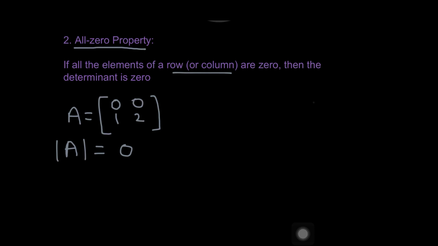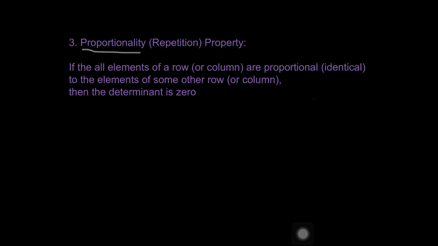And the same case, if B is another matrix and a column is 0, then the determinant of B will again be 0. So if all the elements of a row or a column are 0, then the determinant is also 0.